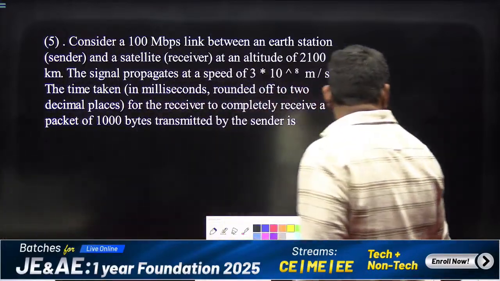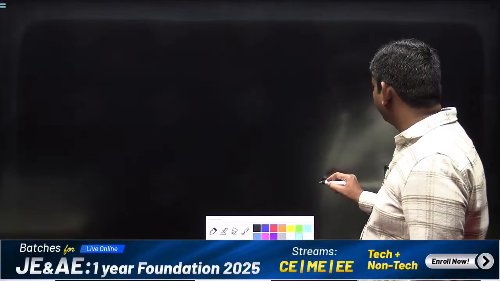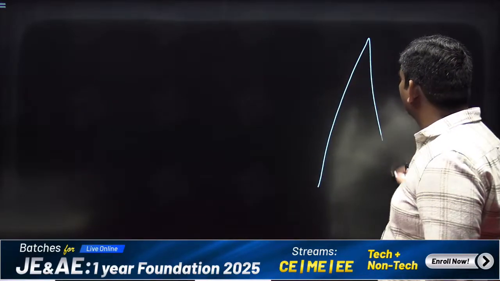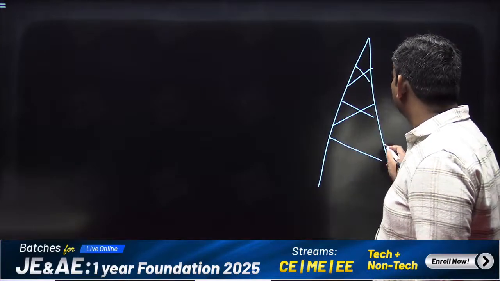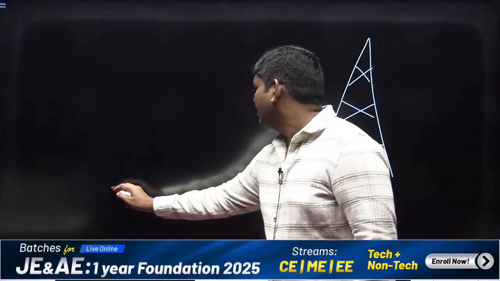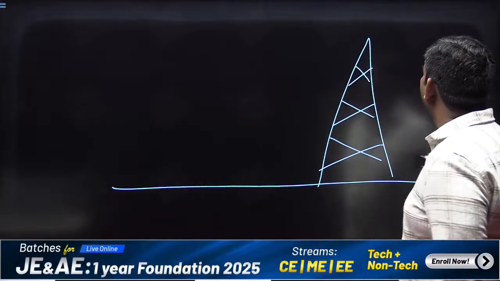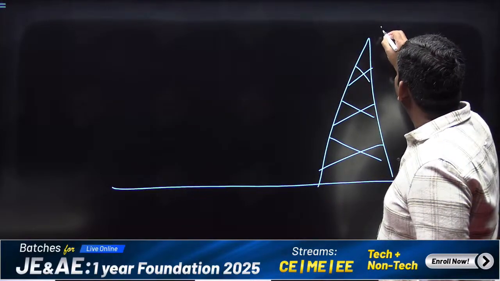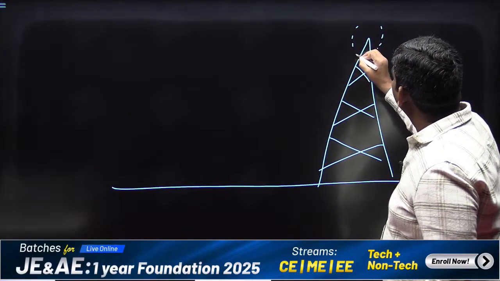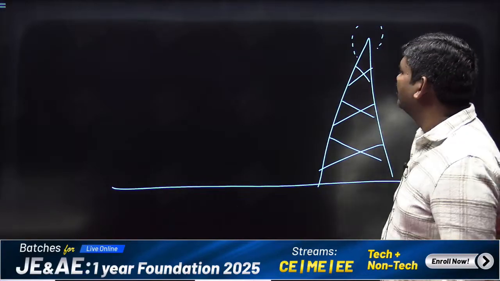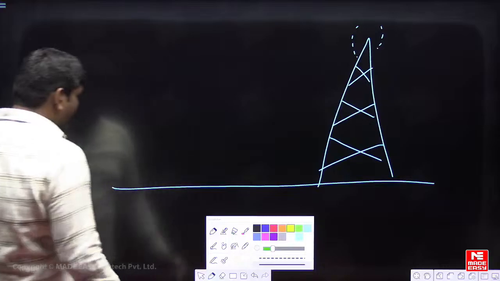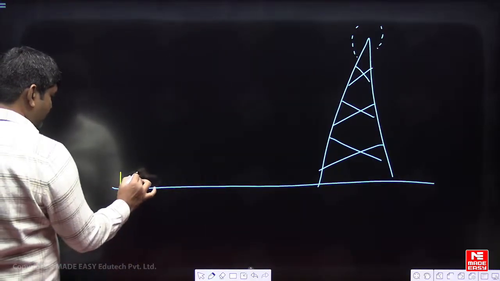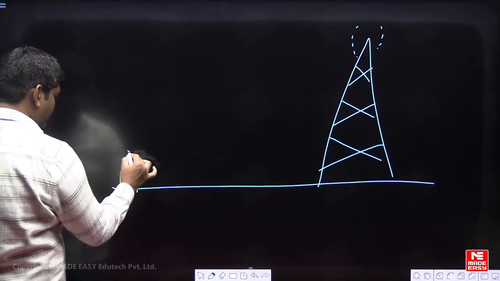Suppose I assume that this is some ground area, and this is some antenna, and this is the actual receiver point where it is able to receive the signal, and I assume that this is the ground station.